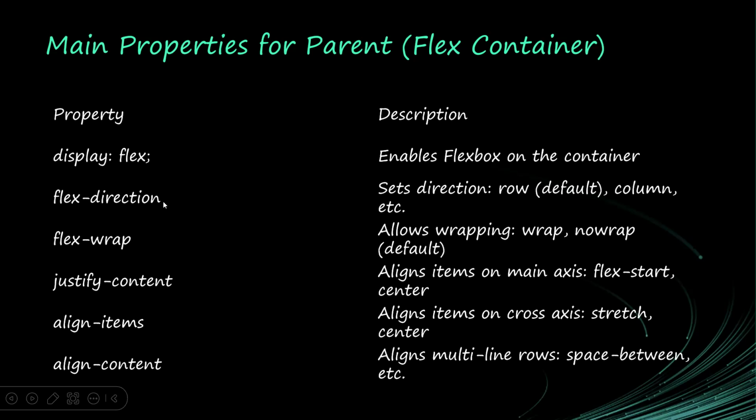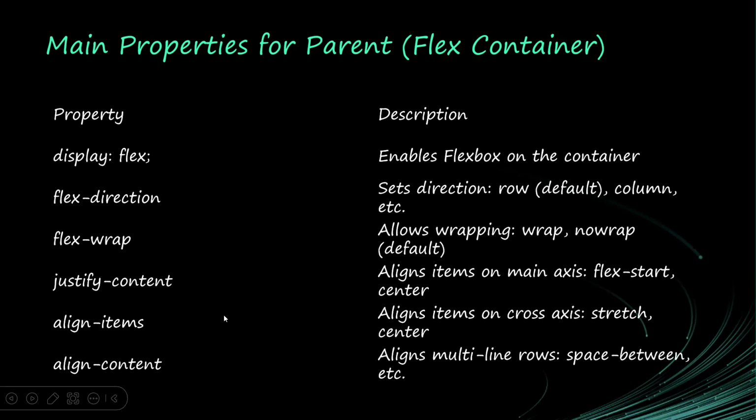Now you can also say what the flex direction is. By default, it is row, which means the items will be on the X axis. If you want the items in a column direction, you can change it.